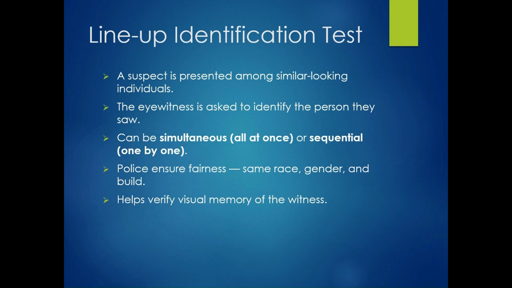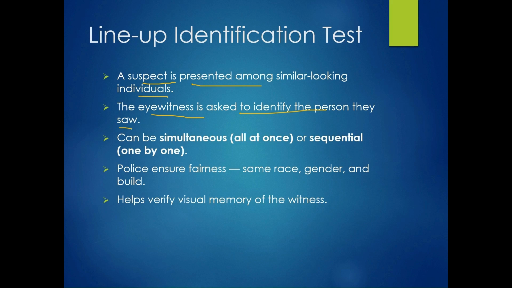The second tool that we use for eyewitness assessment is called the lineup identification test. In a lineup test, the witness is asked to identify the suspect from a group of similar looking individuals. The suspect is presented among similar looking individuals, and the witness is then asked to identify the person they saw.